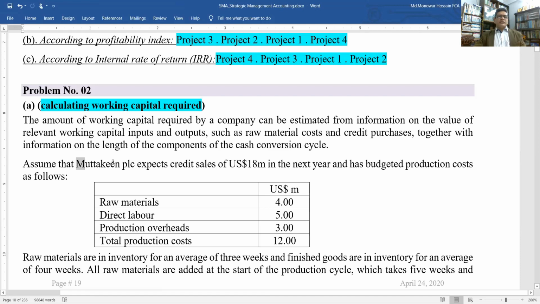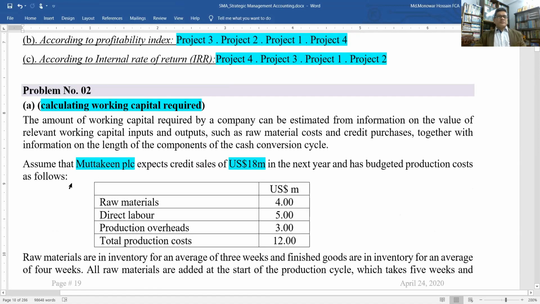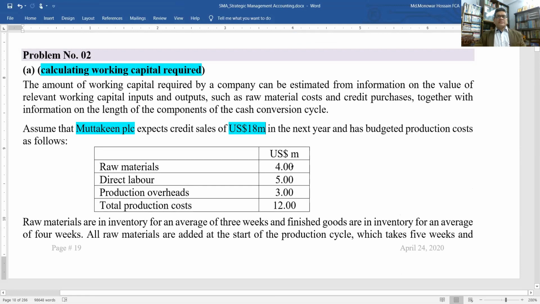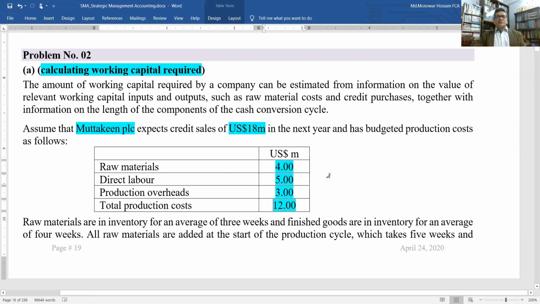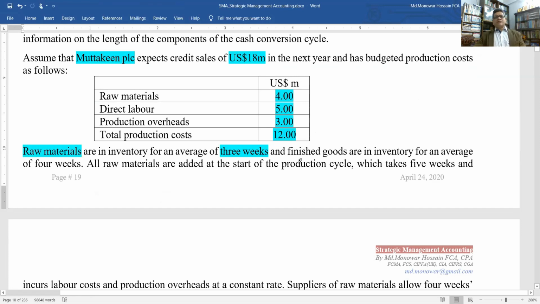Assuming that Muttakin PLC expects credit sales of 18 million USD. The production cost is as follows: raw material, direct labor, production overhead, and total product cost 12 million. Raw materials are held as inventory for an average of 3 weeks. This is part of working capital.